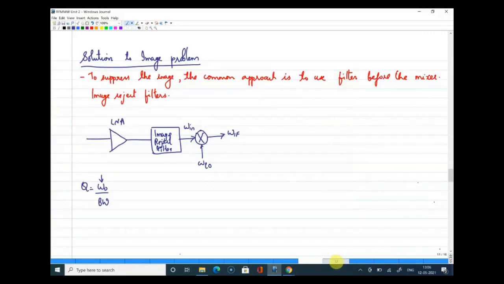All right. Now let us look at this structure, and let us look at the spectrum now. So we are introducing a filter, and the idea of the filter is, you will have your input signal here. Now you have your image frequency located somewhere here. This is your image frequency, and this is located at a distance of 2 omega IF.